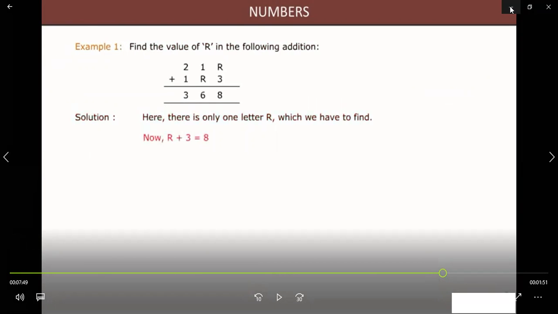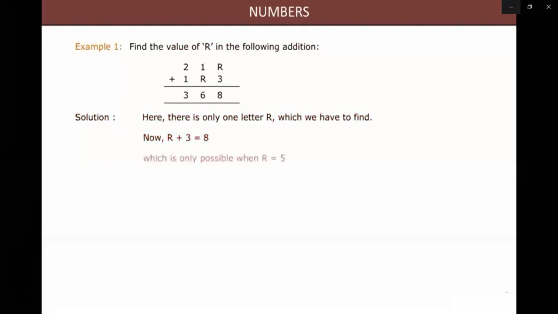Here there is only one letter, r, which we have to find. At the units place in the answer we are getting 8. So what should we put in place of r to get 8? r plus 3 is equal to 8. The only number which validates this equation is 5. So r is equal to 5.